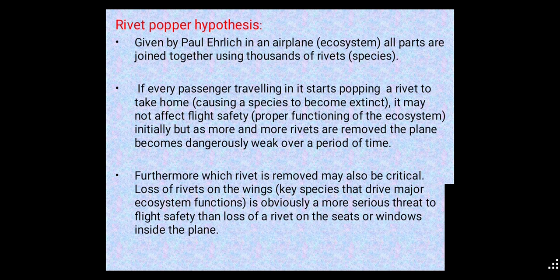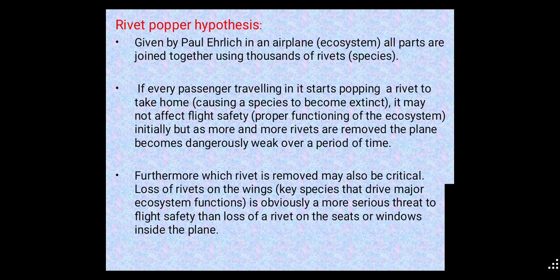It may not affect flight safety. We feel like that is the proper functioning of the ecosystem.